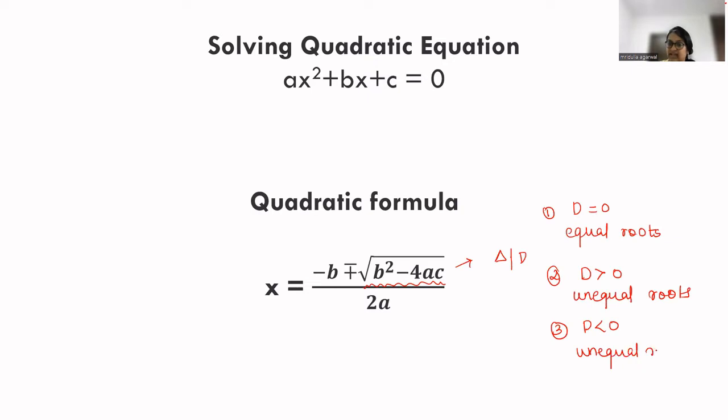Now let us see whether the roots are rational, real or imaginary. Let us look at an example. The first example is x squared minus 10x plus 25 equals 0. We compare this with ax squared plus bx plus c equals 0. On comparing, you can see that a equals 1, b equals minus 10.